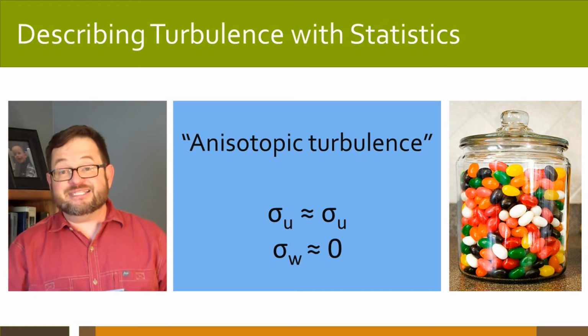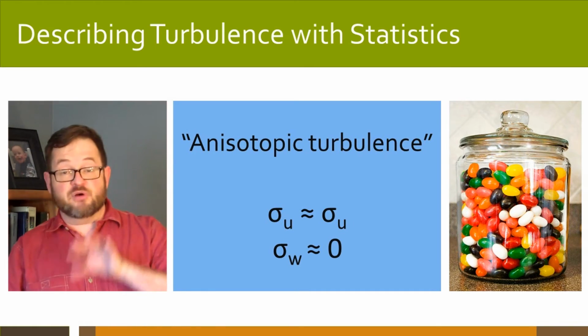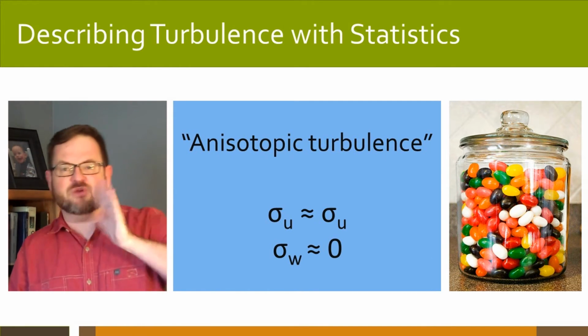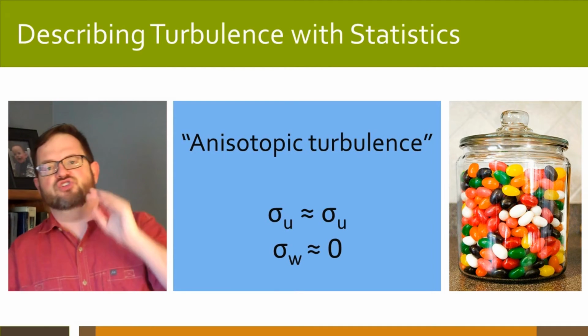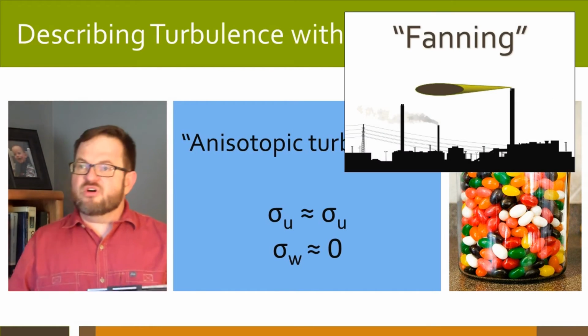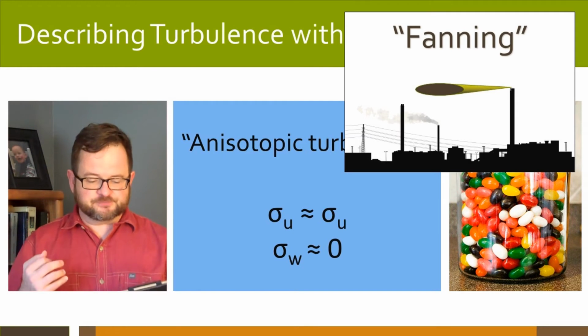For example, one classic example of anisotropic turbulence is where the U and the V components of the turbulence are equal. There's just as much eddies in the east-west direction as in the north-south direction, but there's no turbulence in the vertical direction. So, if you're looking at a smokestack, what you'll see is the phenomenon known as fanning.